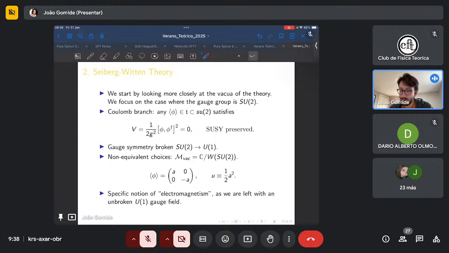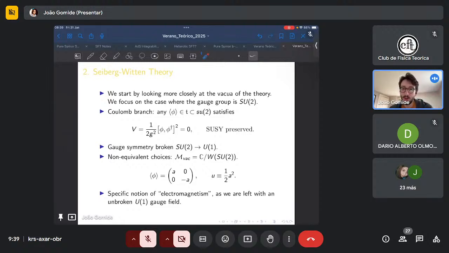This is achieved if you take the phi's to be in this thing called the Cartan subalgebra of the Lie algebra. This algebra is the maximal number of generators which commute amongst themselves. So if phi is a matrix which commutes with itself, then for that particular generator this commutator vanishes and you have a vacuum.